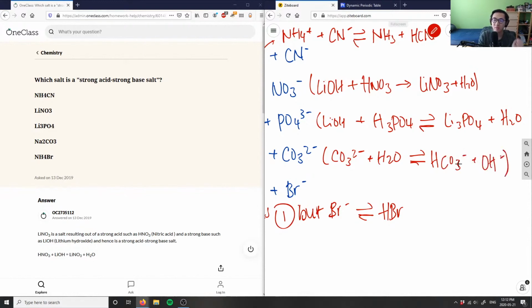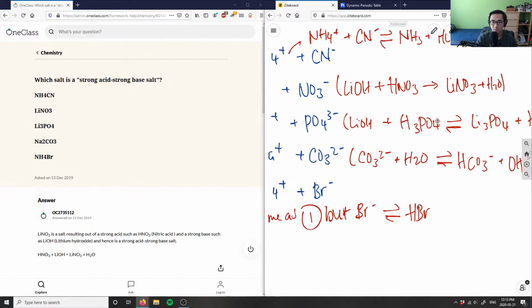So we know that this here is going to be our weak base. So this is a good exercise here to figure out what this guy could be.